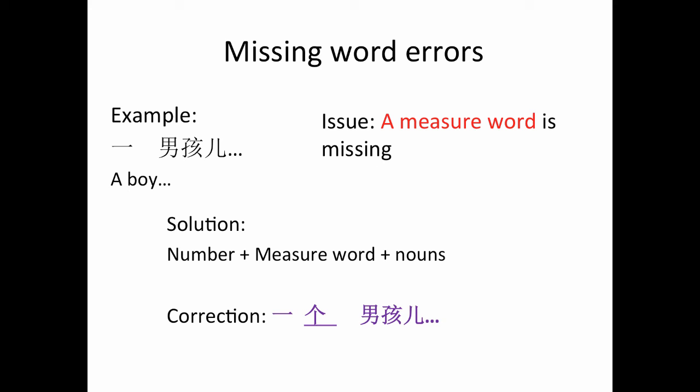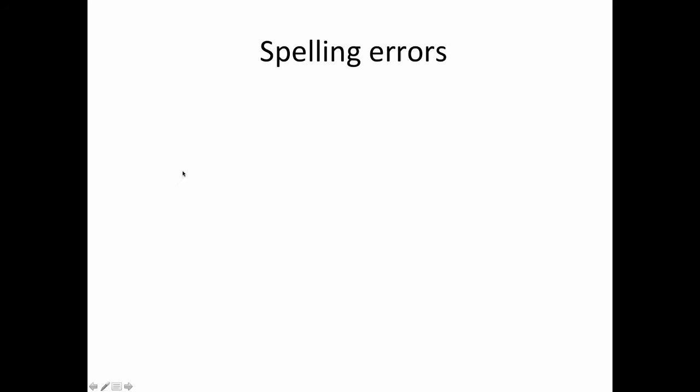Therefore, we need to choose 个 as a measure word. So, the right version should be 一个男孩. So don't forget measure words when you talk about the nouns or use nouns in your writing.